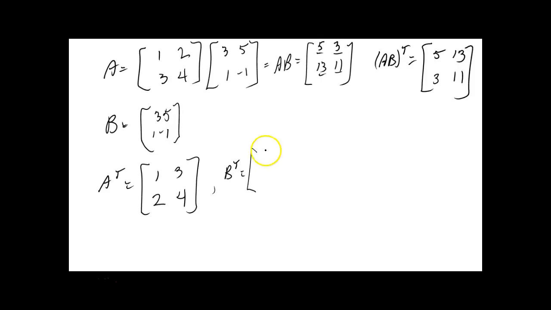That would be 3, 1, 5, negative 1. Okay. All right. Next thing is going to be A transpose times B transpose.